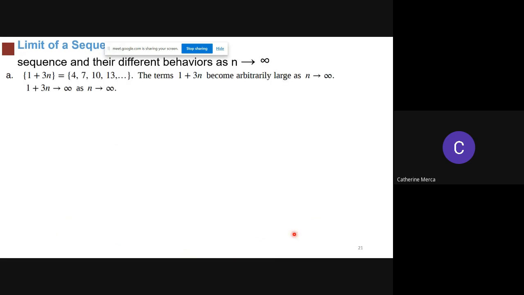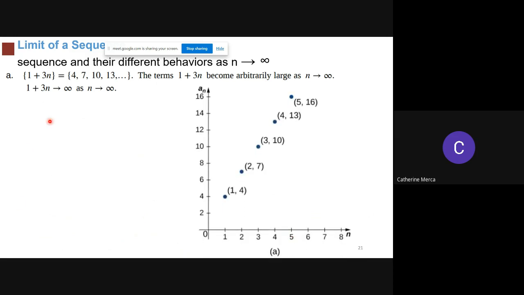Now, how does it look? Let's look at the picture to get an idea. This sequence 1 plus 3n is 4, 7, 10, 13. Written as points, when n is equal to 1, f of n is 4, so (1, 4), (2, 7), (3, 10), (4, 13). As n approaches infinity, notice that it is increasing.